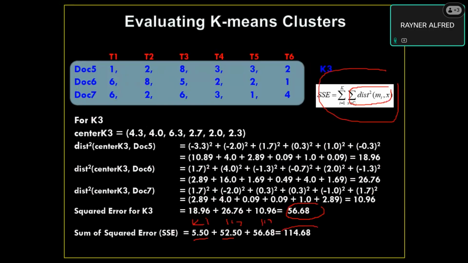This is the quantification of compactness of the result of this cluster. So what we can infer here, the smaller the value, the more compact your cluster, right? If you want to compare, the one that has lower value will be a much better cluster because it is more compact.